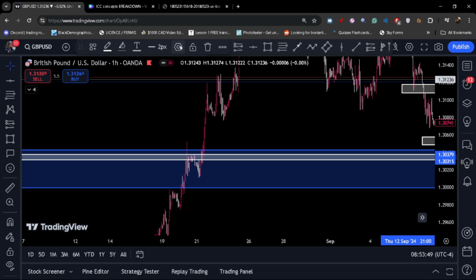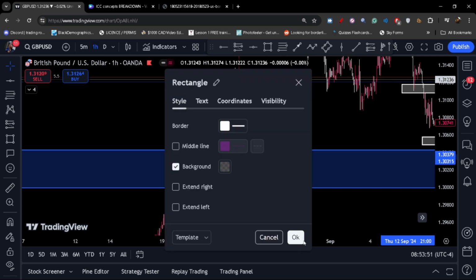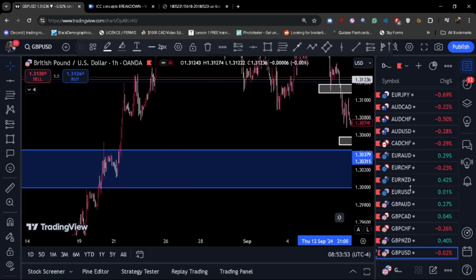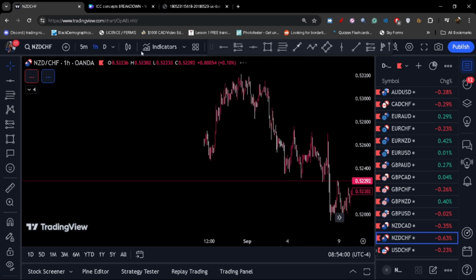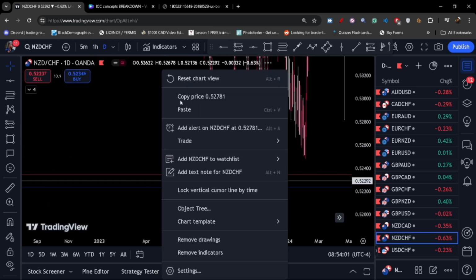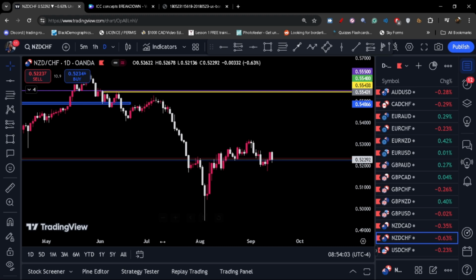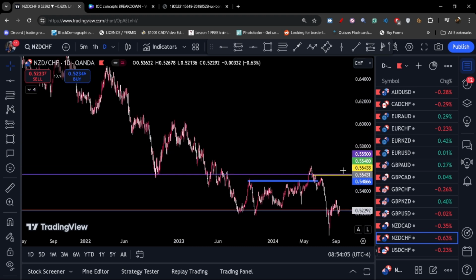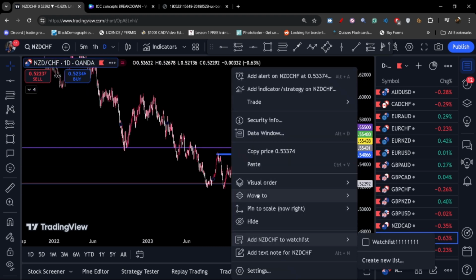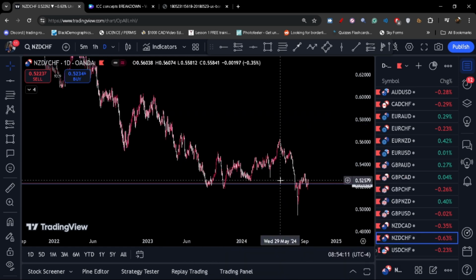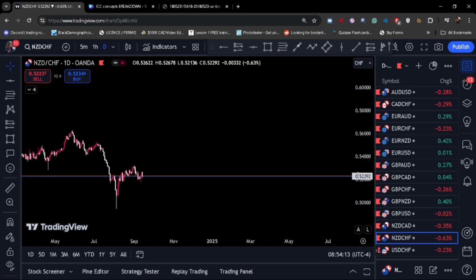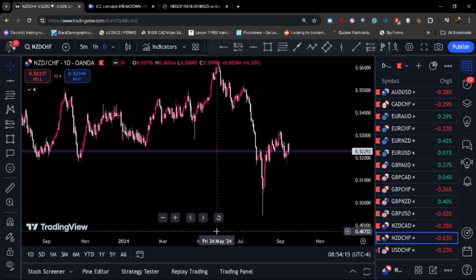Now let's go to a different pair, so you can train your eyes, because at the end of the day, guys, it's all about chart time and things like that. So let's go with NZD CHF, random pair. Boom. As you can see, I have done some markups, but we can remove this real quick. So in terms of area of interest, we start from the daily time frame.